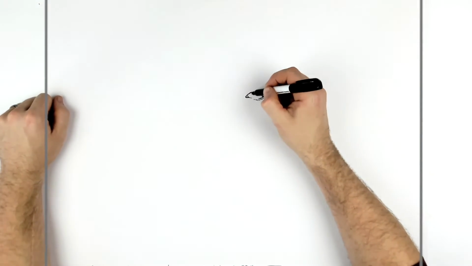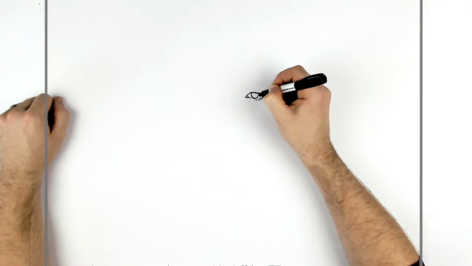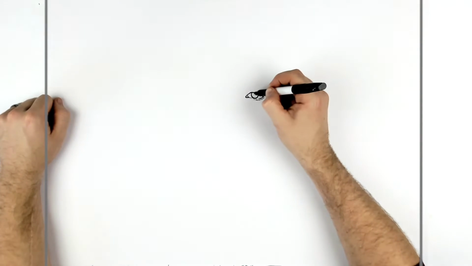And then his iris, just like a semicircle or a half circle coming down from his top eyelid, curving around here and up like so. And then his pupil, just coming down again, trying to get it in the center. Like that.